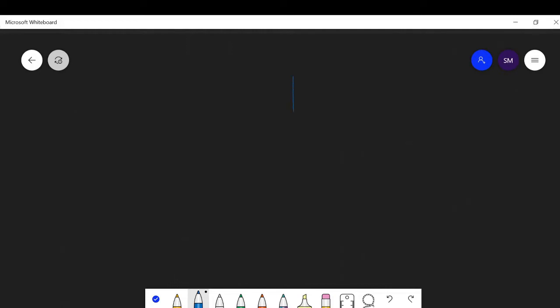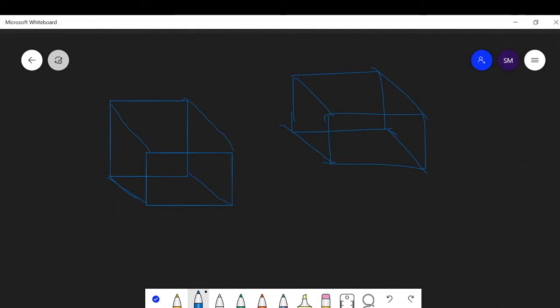Look here, suppose A, B, C, D. This is a cuboid which has 6 rectangular faces, and the basic difference between cube and cuboid is that the cube has 6 square faces whereas the cuboid has 6 rectangular faces.